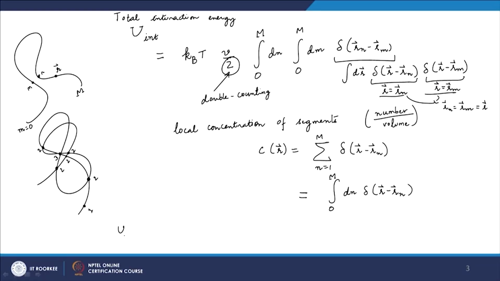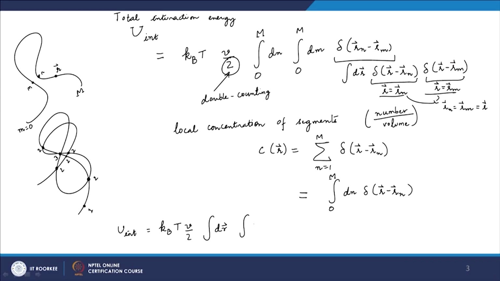So, in this case, we will have kBT, and then we have a dr, and then you can see there are two integrations here, one with n and one with m, but the delta functions, once they are separated, one of them is in terms of n, the other one in terms of m. So, I can really write it as two integrations.